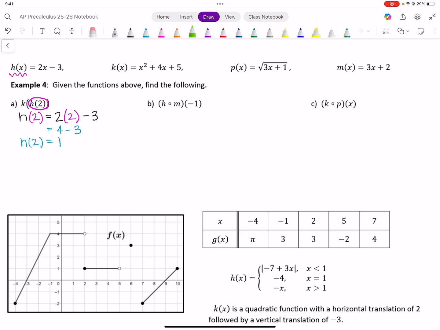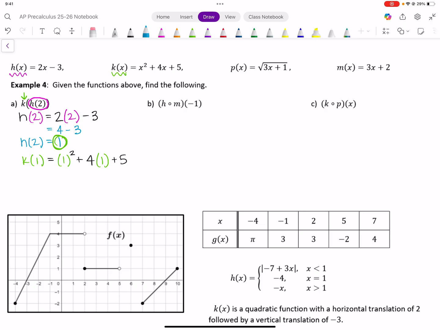And then we're going to take that value of 1 and put it into k. And k is our second function. So we're going to get 1 squared plus 4 times 1 plus 5.